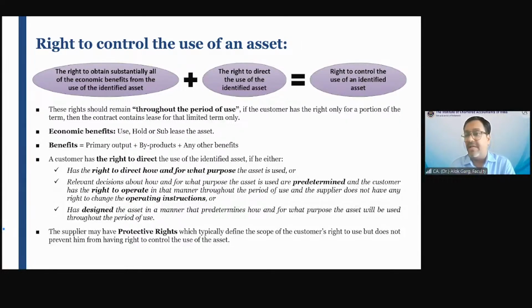For example, you being a lessor have rented out your accommodation to a lessee, and you are telling the lessee that I have given my 3-bedroom flat on a rent basis to you, and the lessor is saying in which room you have to create your bedroom, in which room you have to make your study room, and for how many hours you have to switch on and switch off the light.